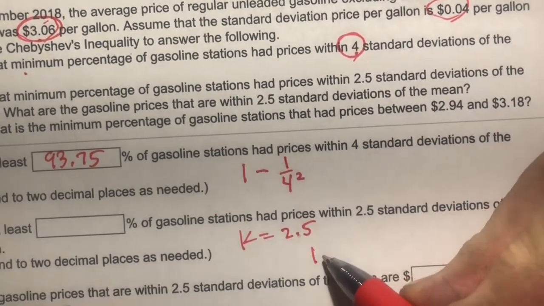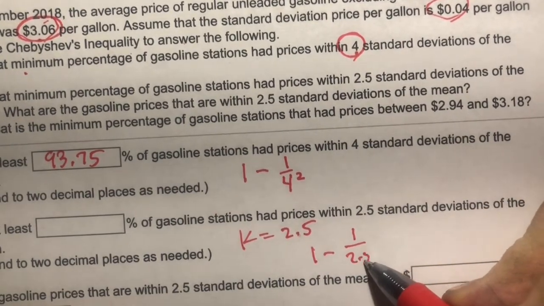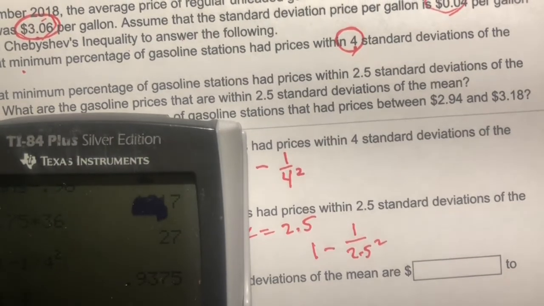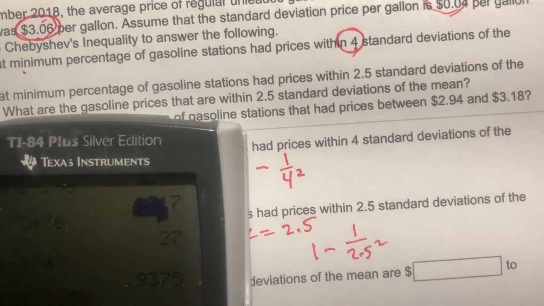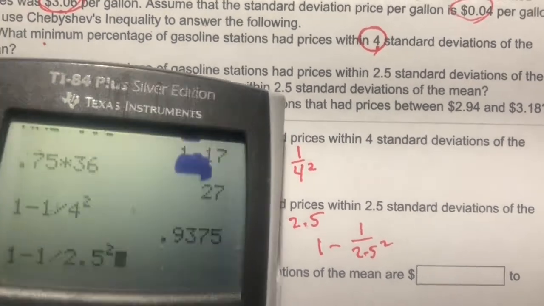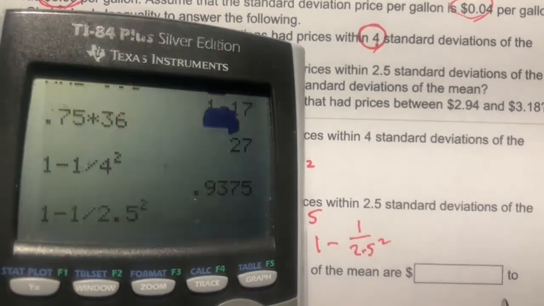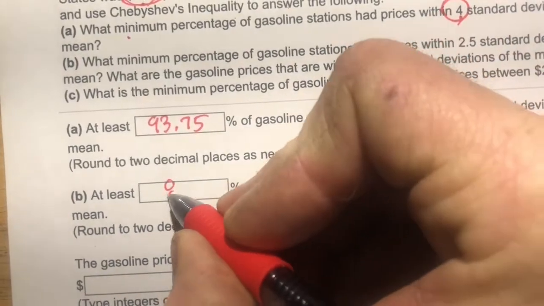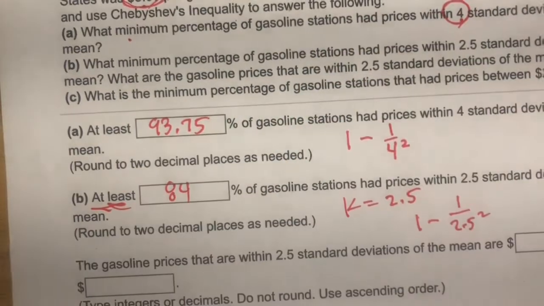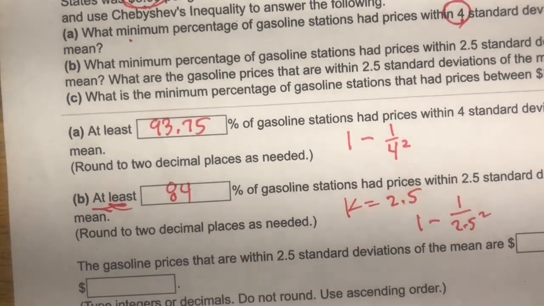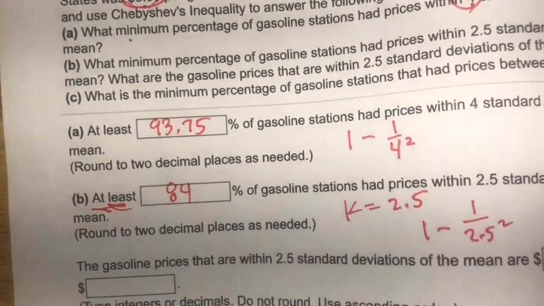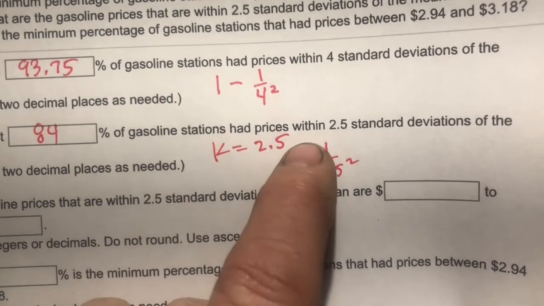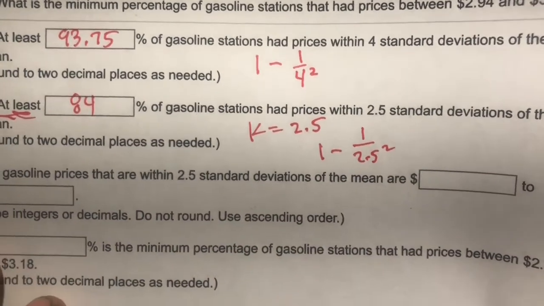So I'm going to do 1 minus 1 over 2.5 squared. And that's going to be 84%. Now this is "at least," which means it could be more. It could be 90%, but at least 84% of the gasoline stations had prices within 2.5 standard deviations of the mean.